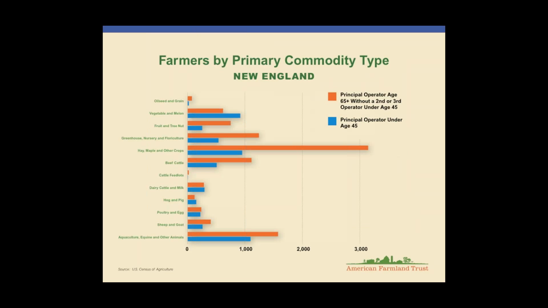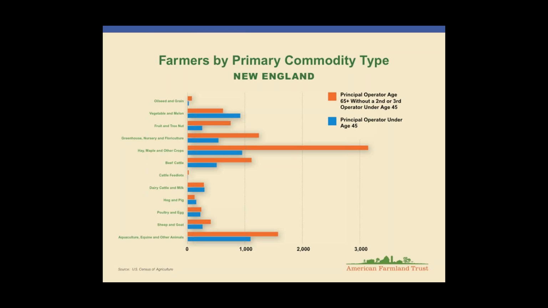This is New England, and the orange is the principal operators age 65 plus without young farm operators, and the blue are principal operators who are under age 45. Not surprisingly, you're going to see some bigger orange lines because there are more seniors than there are young principal operators.